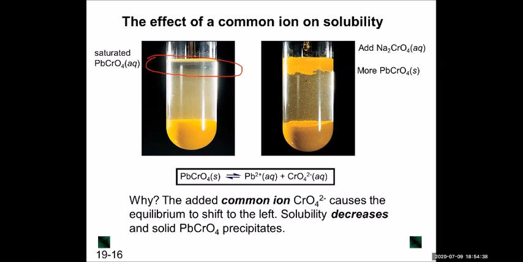That also means the solubility of the lead-2 chromate actually decreases because of the extra common ion, the product ion. So that's what we call the common ion effect on the solubility equilibrium.